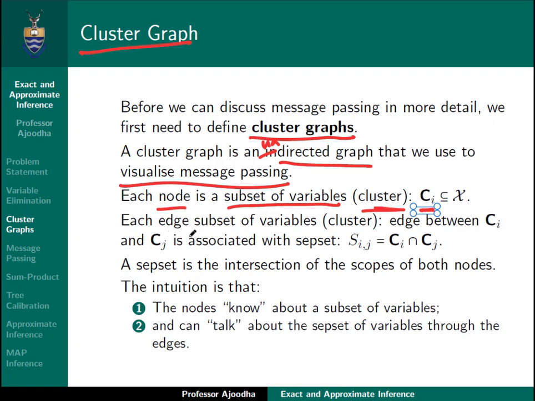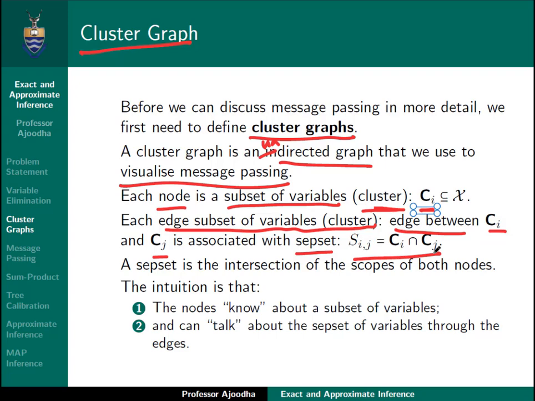Between each subset of the variables there are edges, and in graphical models these edges have a name: sepsets. These sepsets are the common variables between the two clusters. Whatever the common variables are between Ci and Cj, that will be the sepset, and we denote it like this.